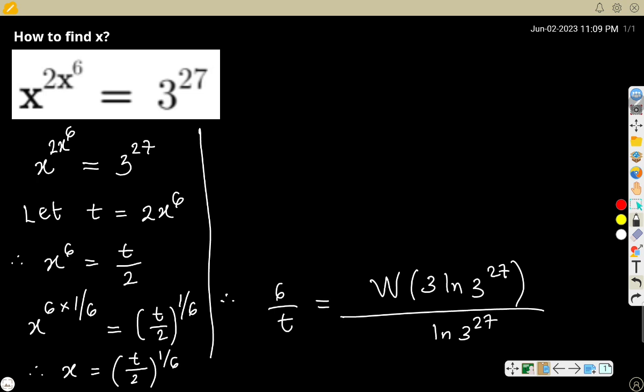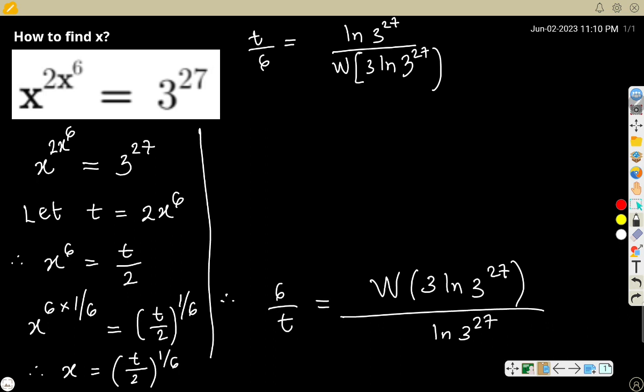Take the reciprocal of both sides, that is turn this upside down, or you cross multiply. If it's 6 over T, it becomes T over 6, so take the reciprocal of both sides. Then this will become ln 3 raised to power 27 divided by W 3 ln 3 raised to power 27.